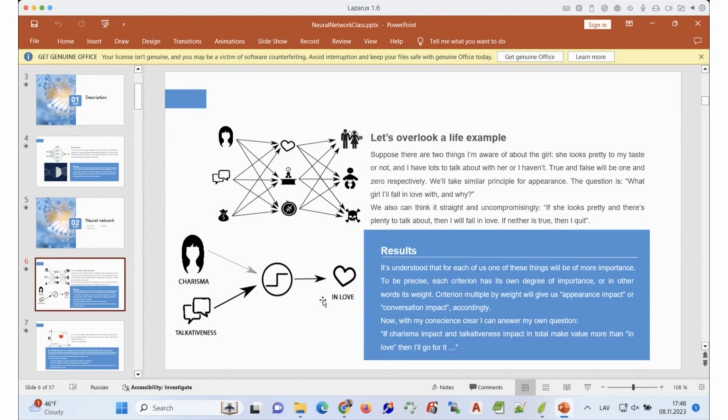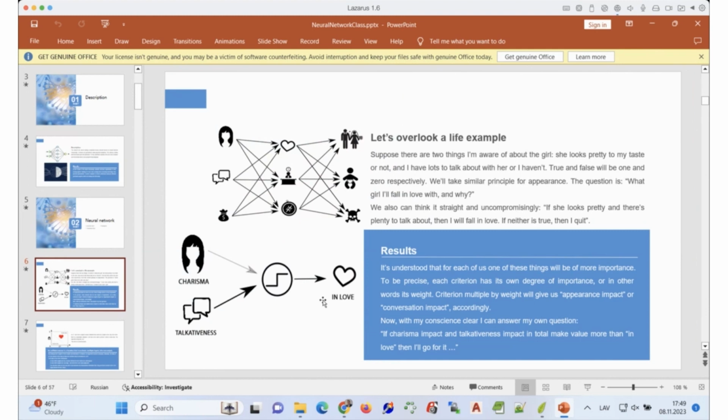So all descriptions will be related to how we think, because our thinking processes work in a neural network way, since our brain is just an enormously complicated neural network, as you know, guys.